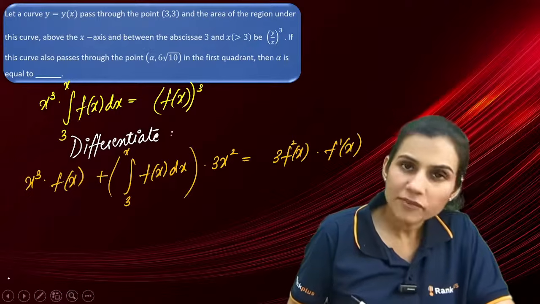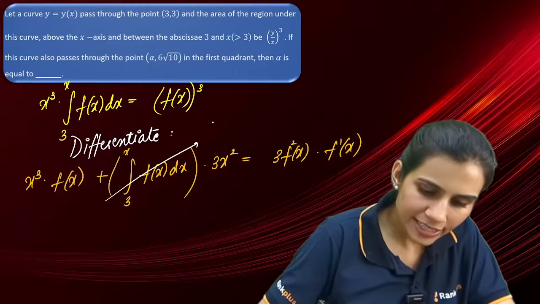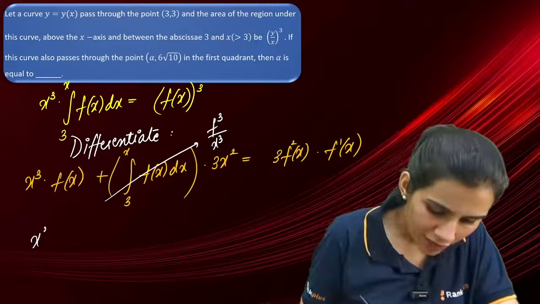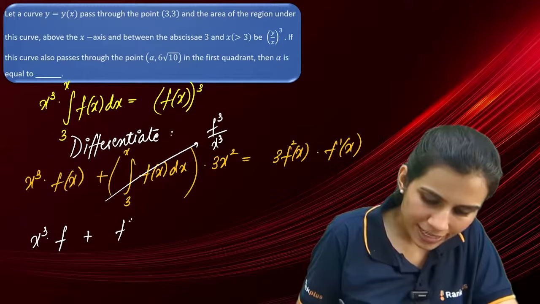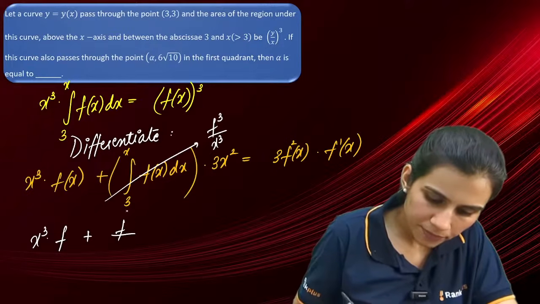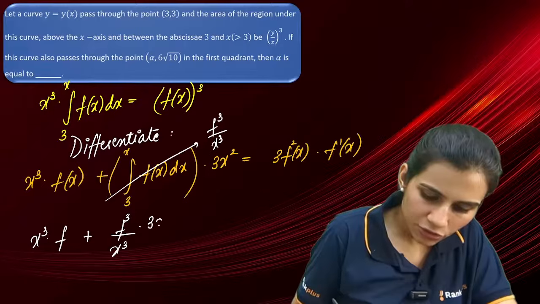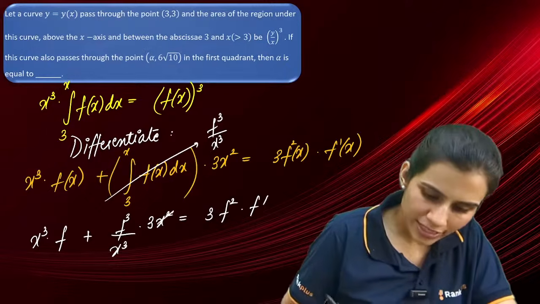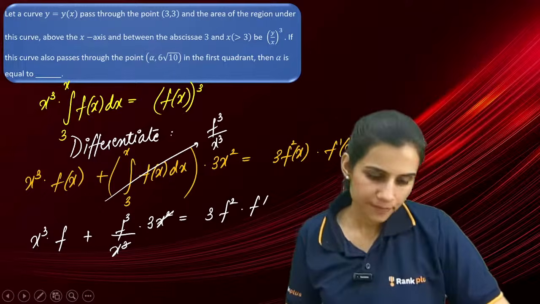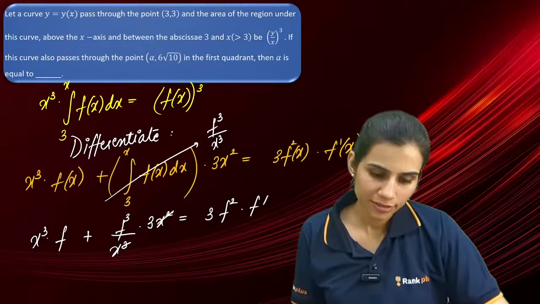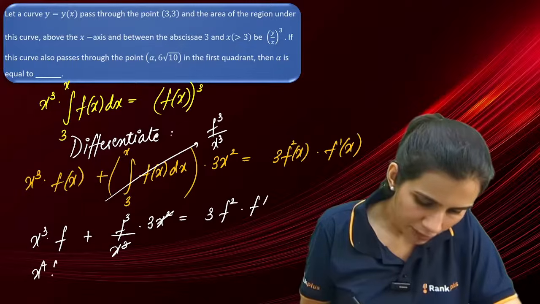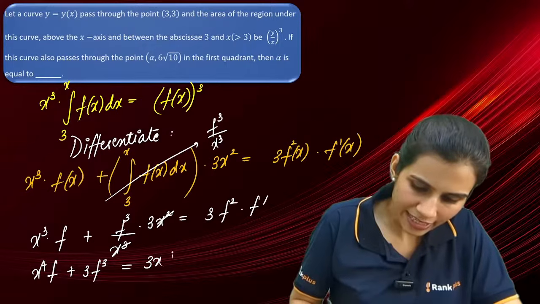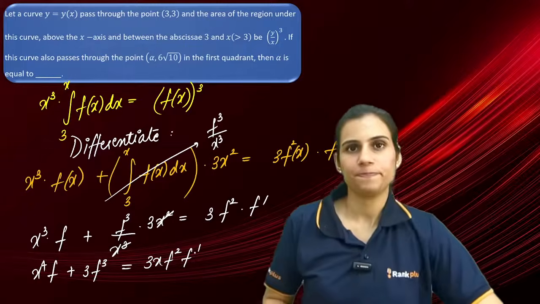Now the integral of f is equal to f cube upon x cube. Plug it back. You have x cube into f plus f cube upon x cube into 3x square is equal to 3 times f square into f dash. So this x square vanishes. So what do you get? x to the power 4 f plus f cube equal to 3x f square f dash.